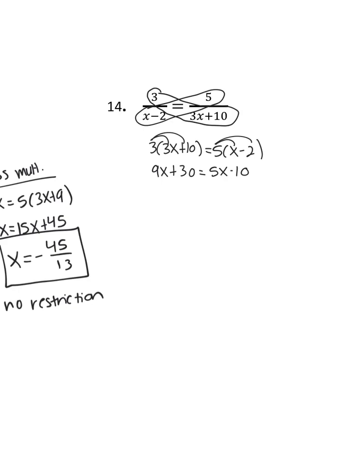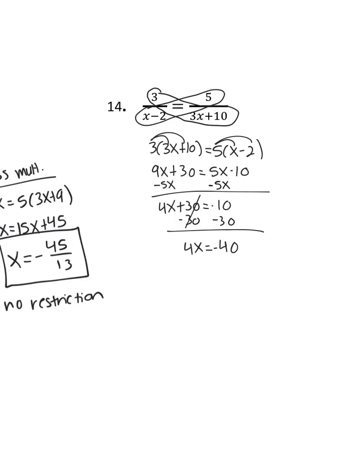You want to get all your variables on one side and all your constants on another side. So I'm going to subtract 5x from both sides, but you can do whatever you want. And then I'm going to subtract 30 from both sides. And divide 4 on both sides. So we get x is equal to negative 10.